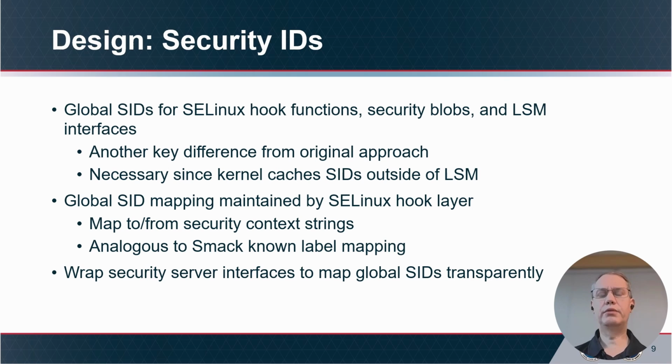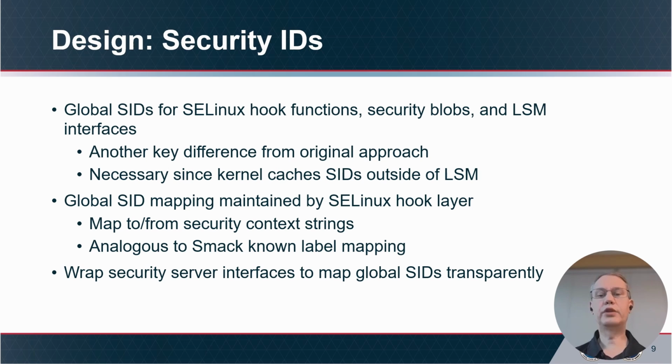This, however, ran up against a number of challenges due to the fact that the kernel actually caches these security identifiers outside of the LSM framework and later passes them back in at points where the particular SELinux namespace that originally created them may no longer be accessible.